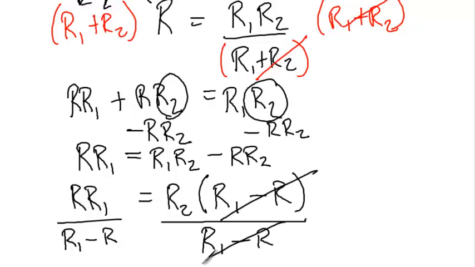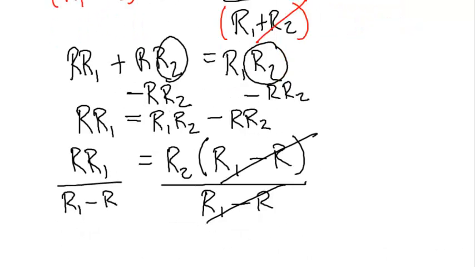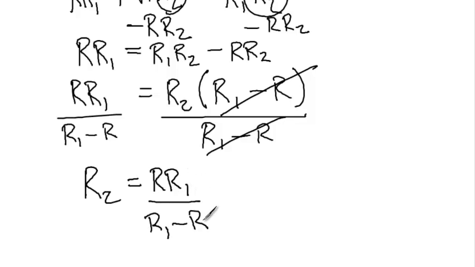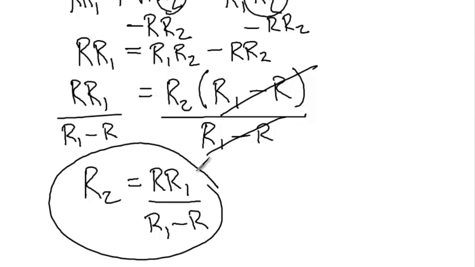So your solution is R2 equals R1 over R1 minus R. Okay. Hopefully that was helpful for you and will be helpful for your homework assignment.